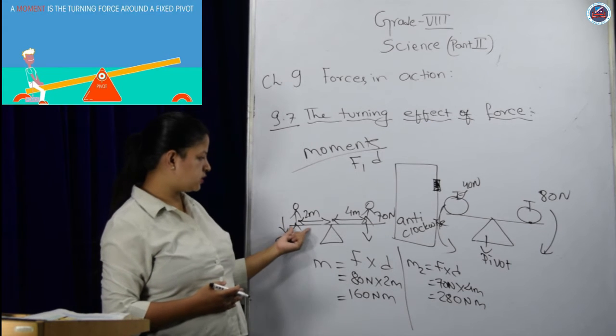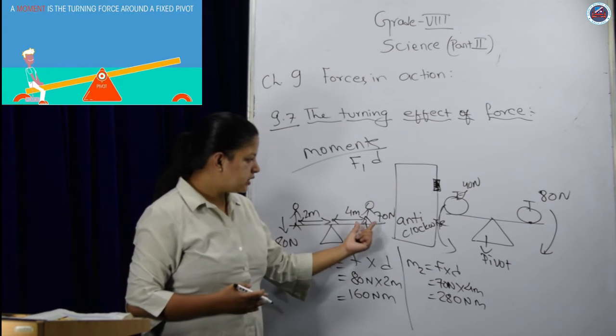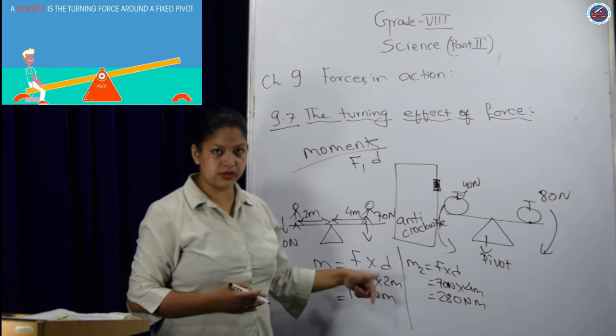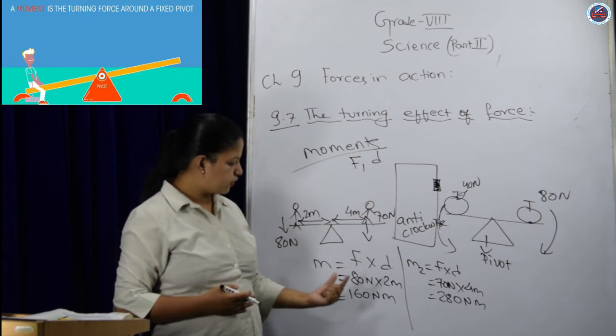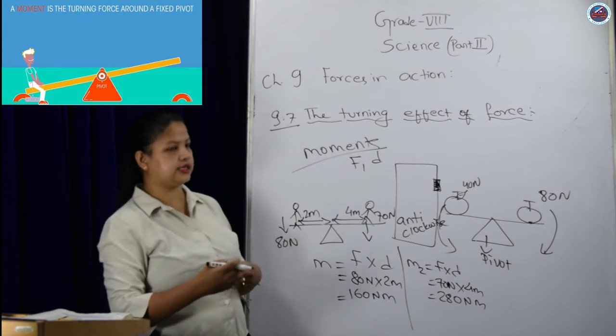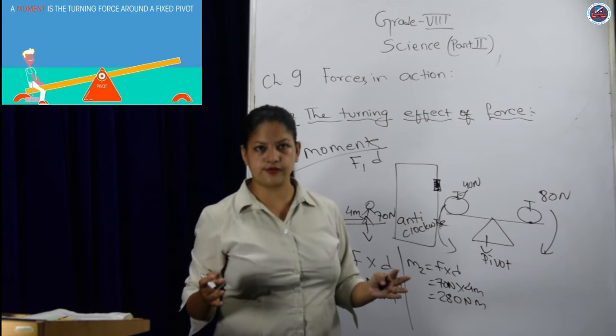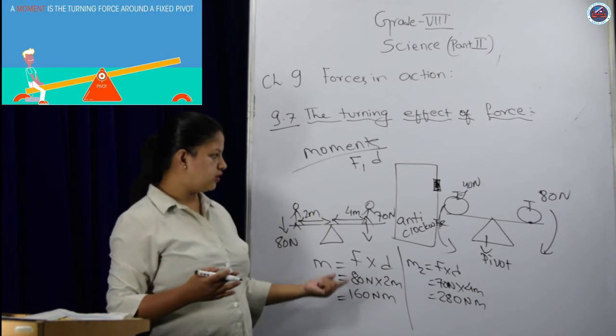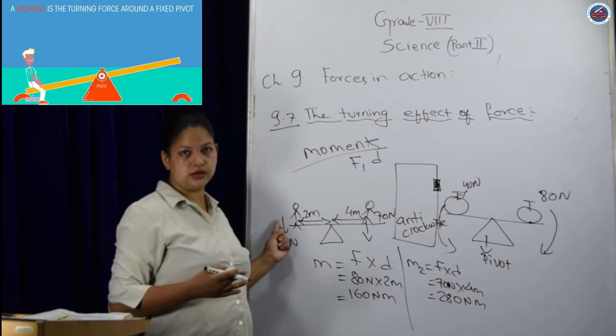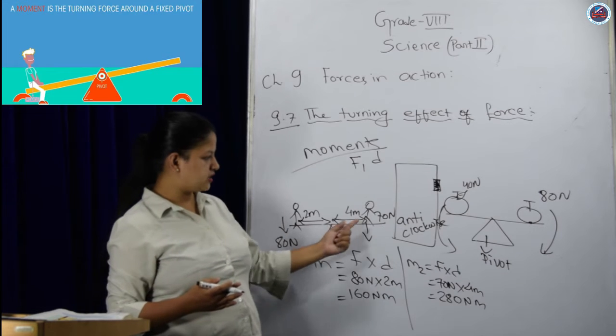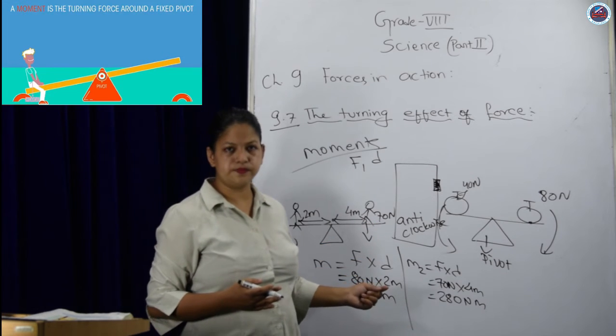Between these two cases, obviously this person will have to move down because the distance is more. So from these cases you can understand moment M is equal to F into D. If a calculation ever comes, you will do it like this, and you can understand whether it will go clockwise or anti-clockwise. In this case, it will go in the clockwise direction.